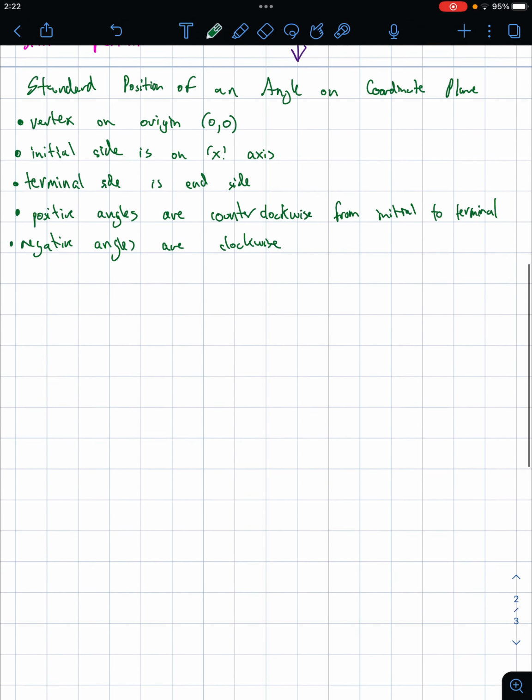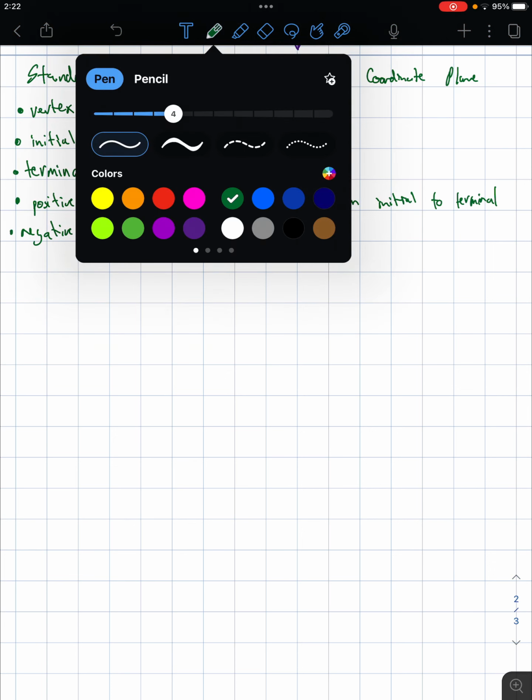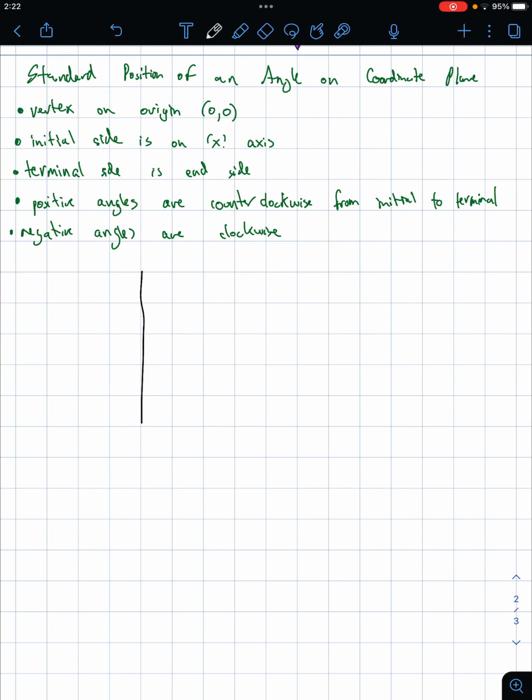So let's come down a second and build another coordinate plane. I'm going to fix my initial side such that my angle will be in standard position, and then I'll build a 120 degree angle.